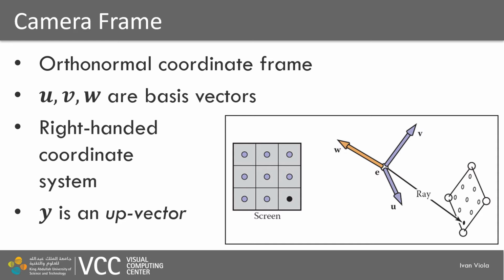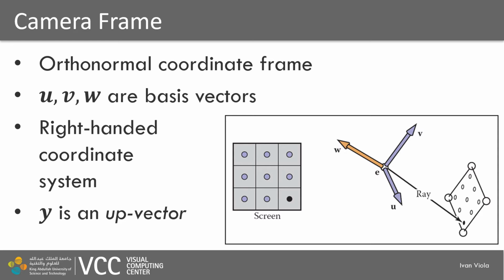We assume that we have some viewing direction, which will be the direction W. Normally this direction W will be perpendicular to the viewing plane for achieving the non-oblique views.